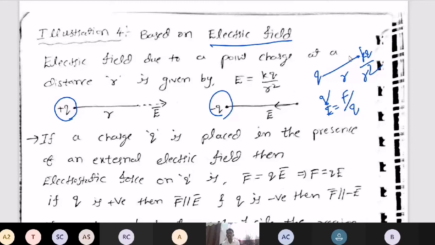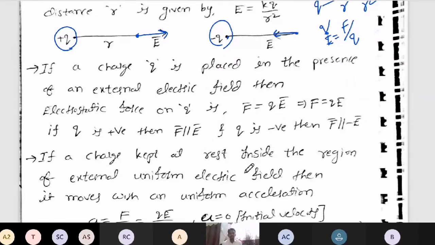Electric force per unit charge is defined as electric field. Due to a positive charge, at any point the field is away from it. Due to a negative charge, the field is towards it. That is the field due to a point charge.